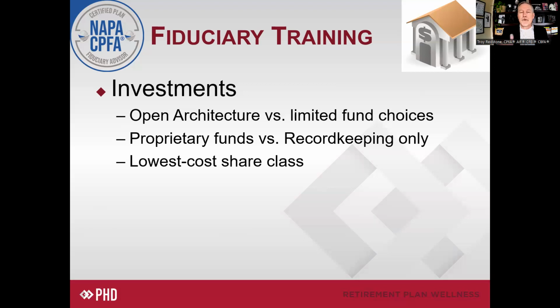And then there's this idea of the lowest cost share class. It's interesting because I work with lots of different record keepers. We have plans all over the country. If I say to a particular provider, hey, we'd like to change to the XYZ small cap fund, they might say, oh, what share class of the XYZ fund?